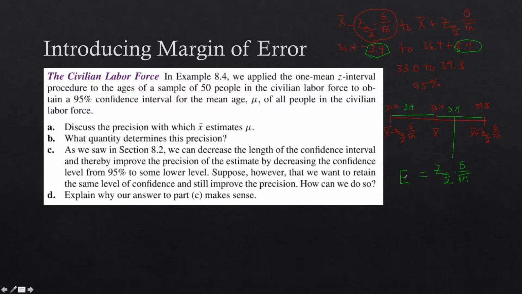So if you look at letter C here, as we saw in section 8.2, we can decrease the length of the confidence interval and thereby improve precision of the estimate by decreasing the confidence level from 95% to some lower level. Now, suppose, however, that we want to retain the same confidence level but still improve precision.